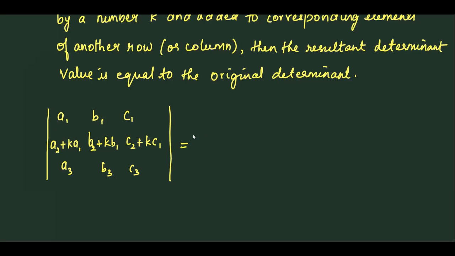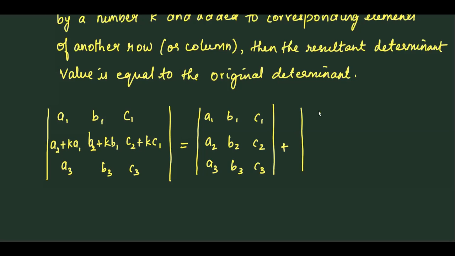If this is the determinant, then this will be equal to, based on the previous property, you can split: A1, B1, C1, A2, B2, C2, A3, B3, C3 plus A1, B1, C1, K times A1, K times B1, K times C1, and A3, B3, C3.